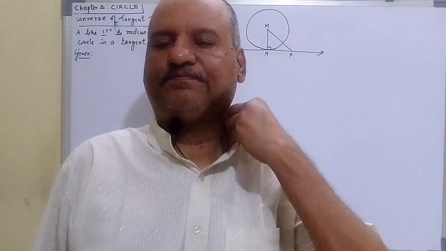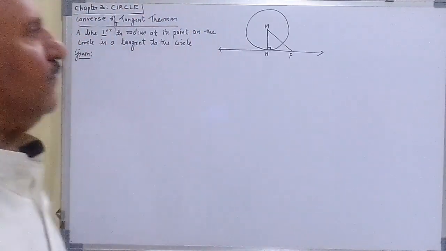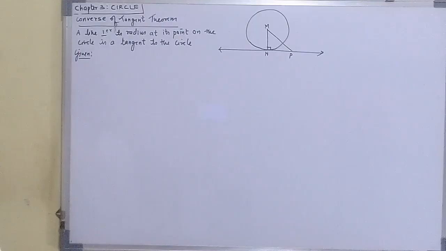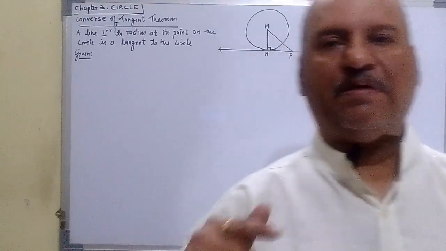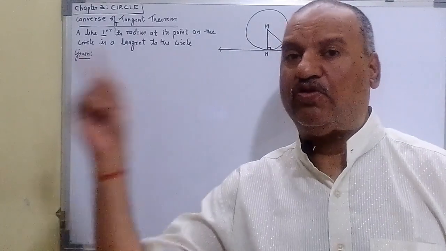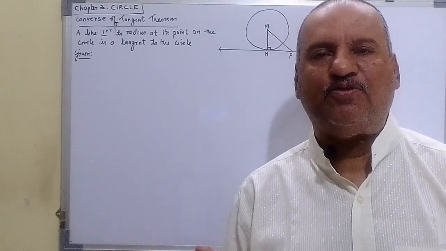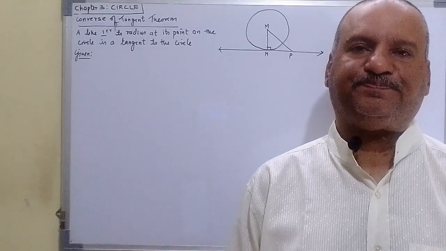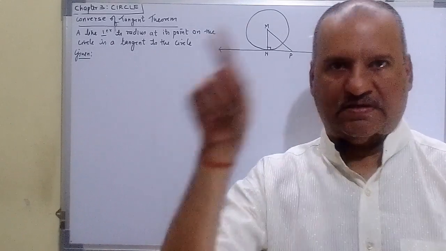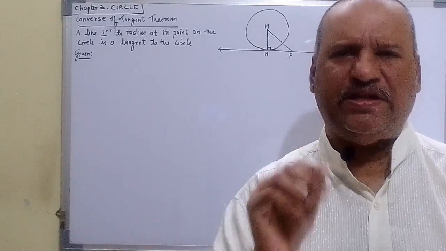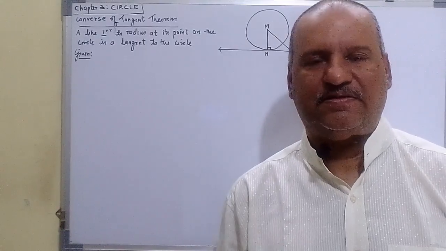Okay, let us start now. कॉन्वर्स लेते हैं. कॉन्वर्स मतलब हमने क्या पहले प्रूव किया था, द अर्लियर टेंजेंट थियरम. इन टेंजेंट थियरम, दैट इफ अ लाइन इंटरसेक्ट्स circle in one point, say point A, then that line is perpendicular to the radius.